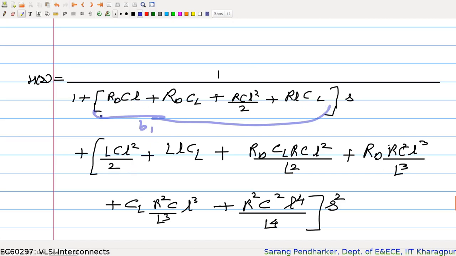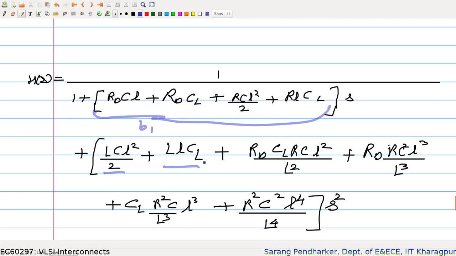There is no term of inductance in this expansion here. So if my inductance was 0, I would still have got my Elmore delay, or the transfer function for my Elmore equivalent model. Now if I look at this term, here I have some additional terms. What would have already been present in my Elmore model is the term with L square by 2, capital L into L into CL.